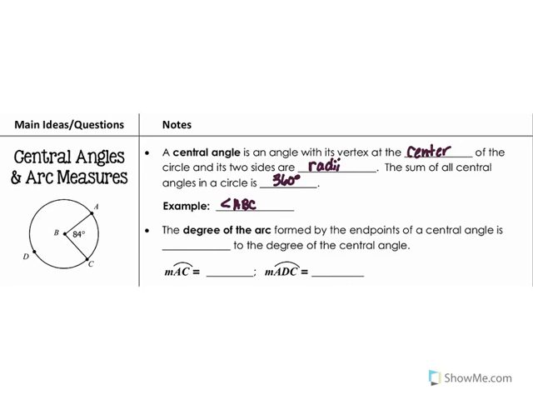Now the next part, the degree of the arc formed by the endpoints of a central angle is equal to the degree of the central angle. So for example, the measure of arc AC is 84 degrees, and that's because this angle is 84 degrees, and the arc attaching that angle is AC, so it has to be the same.